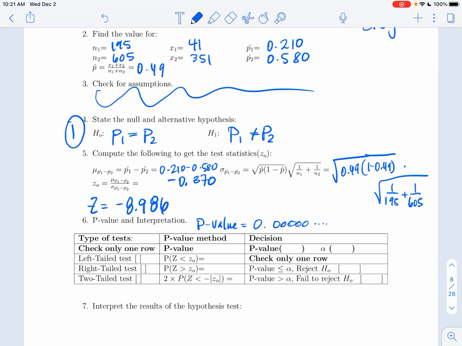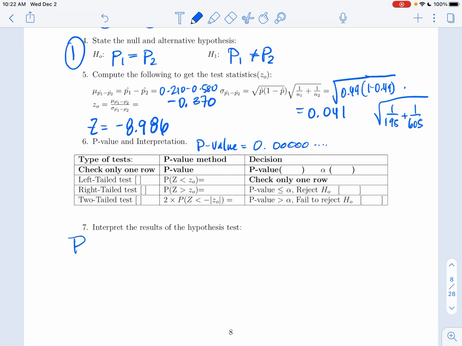And then times the square root of 1 over 195 plus 1 over 605. And then this equals 0.041. Okay.